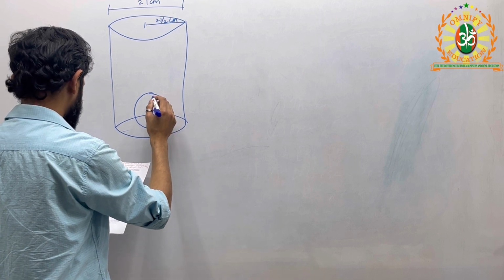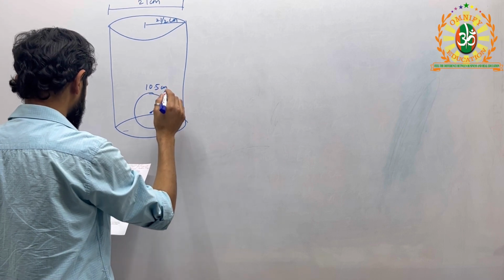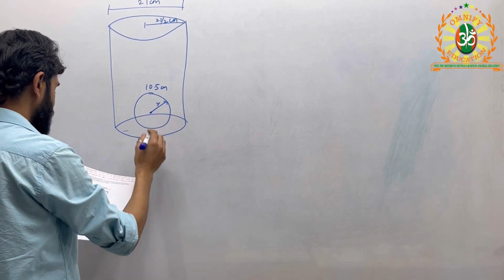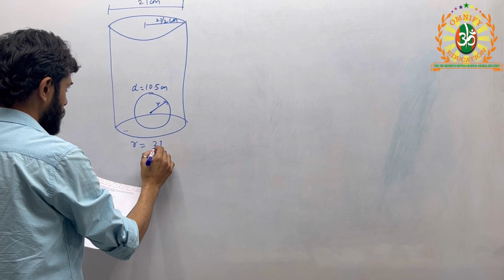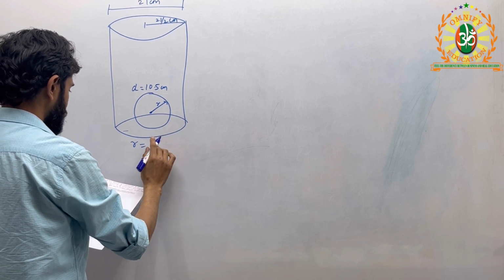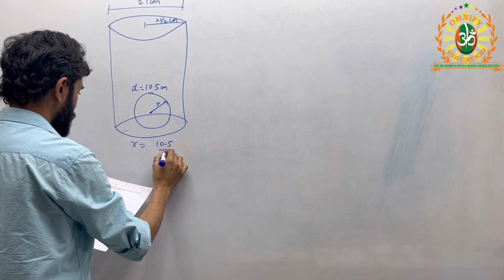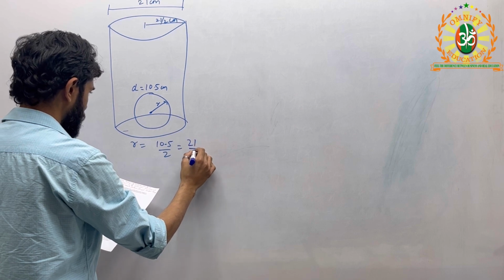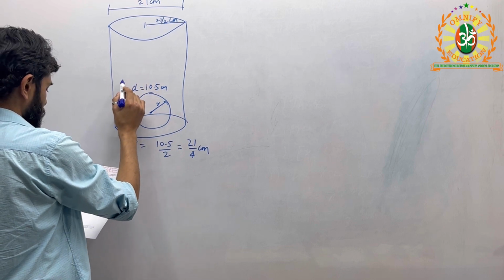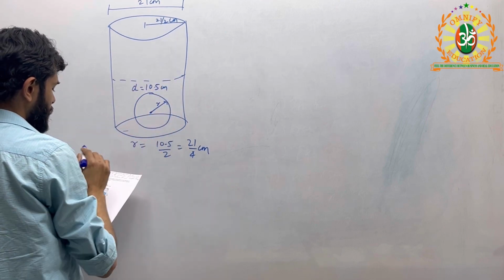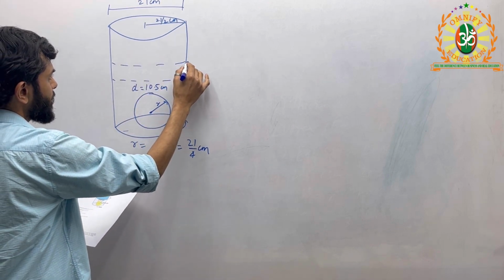The diameter of the sphere is given as 10.5 centimeter. So the radius of the sphere would be 10.5 upon 2, which will give you 21 upon 4 centimeter. Initially, let us suppose the water was filled till here, and after dropping the sphere, the water rose to a height h.